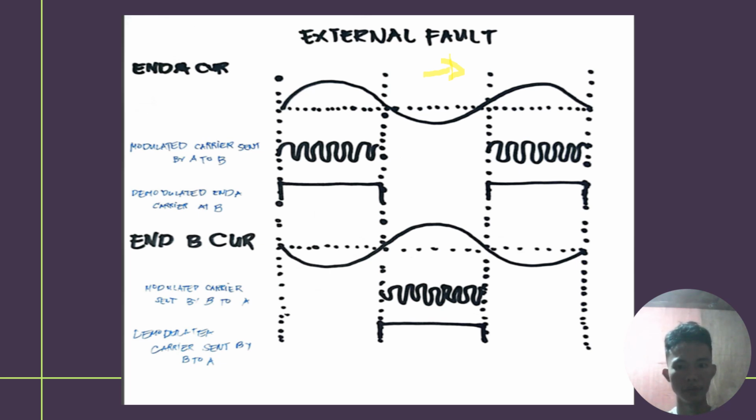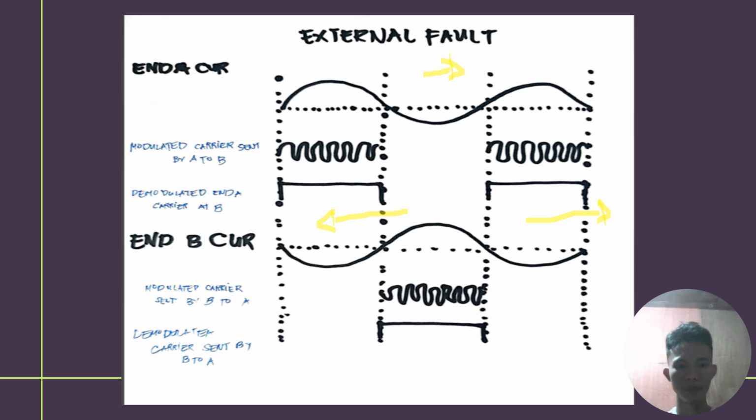Then at external fault, remember that previously I explained that when an external fault happens, the direction of the current is in this direction. However, relay B is set in the direction here. So it will start with the low, high, low waveform.